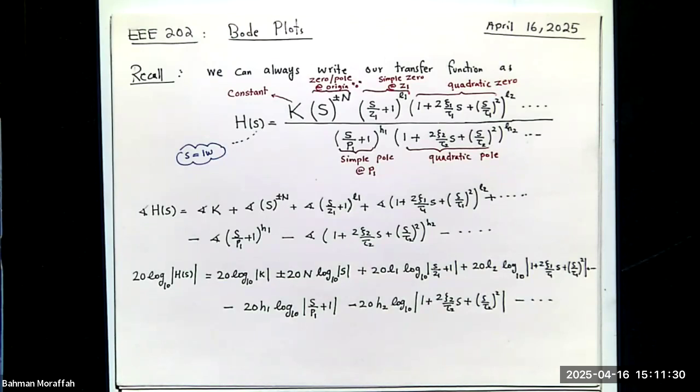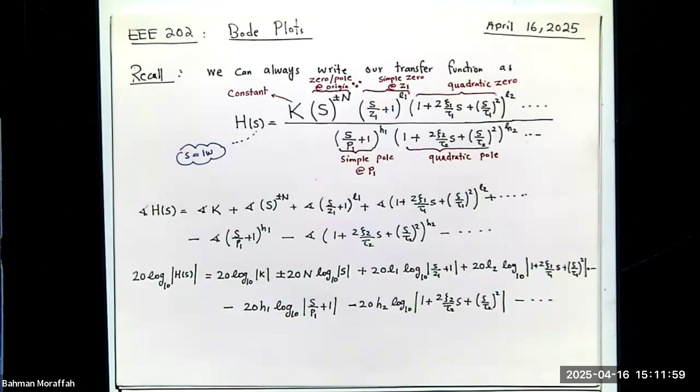So it's not an easy function to plot, right? So the idea is, instead of plotting the actual function, let's approximate that function by a linear function. So we're going to approximate each term that we have over here by its linear approximation.